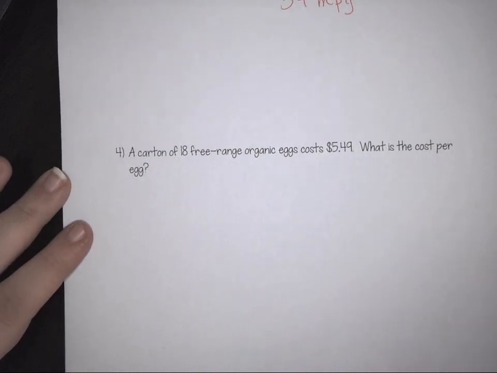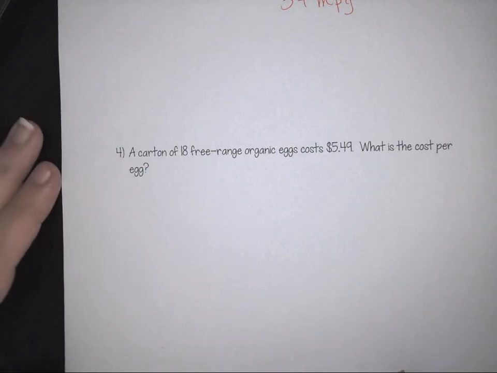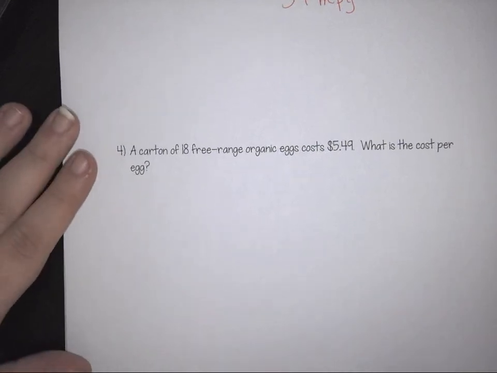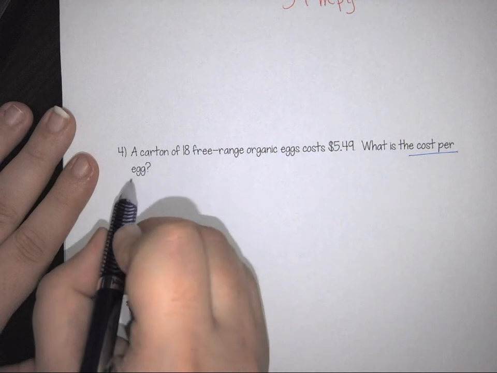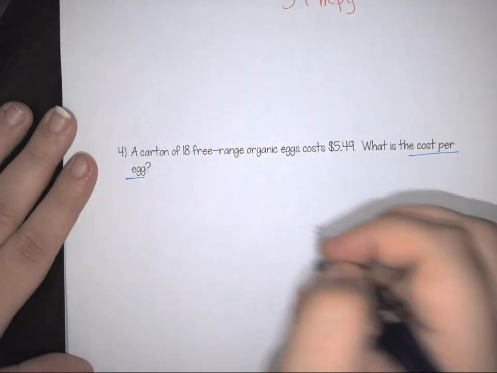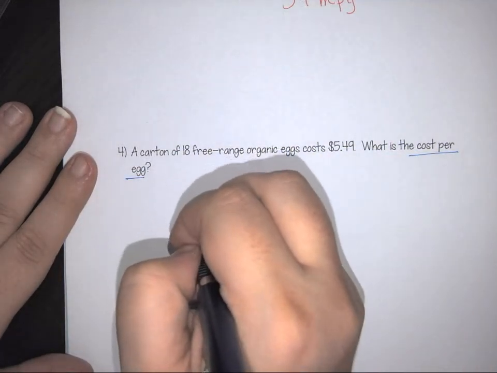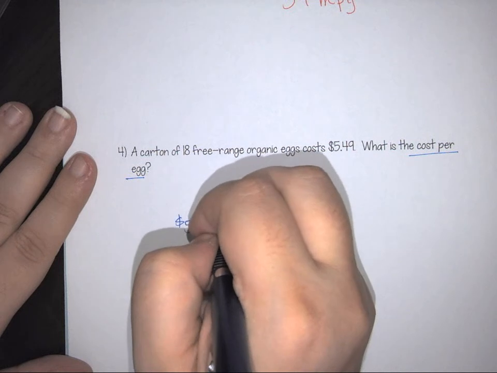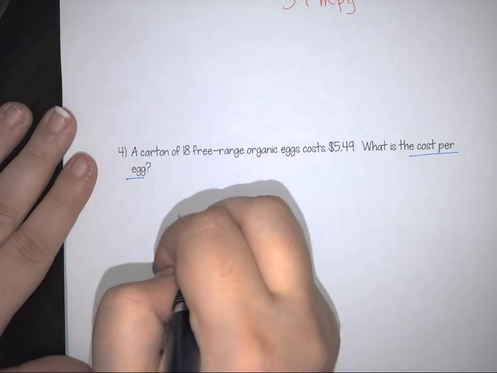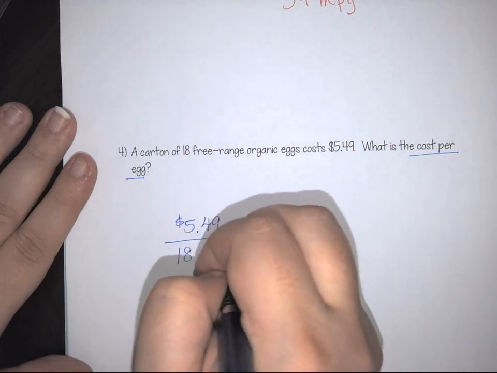Alright, last I have a carton of 18 free-range organic eggs cost $5.49. What is the cost per egg? So I want cost per egg. So here we're looking at $5.49 per 18 eggs.